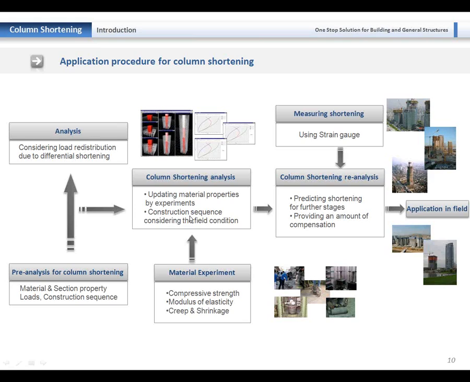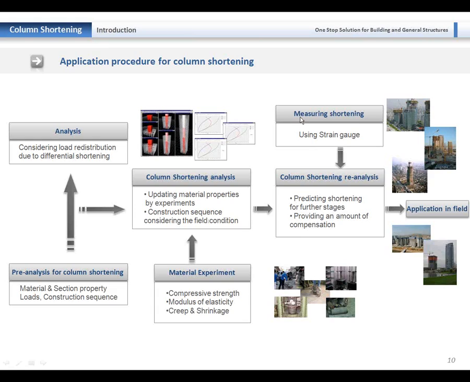And we also have the experiments for the material: compressive strength, modulus of elasticity, and creep and shrinkage. So by reflecting those material properties, we will perform the column shortening analysis. And then after the construction is started, we will also measure the shortening with the strain gauge.